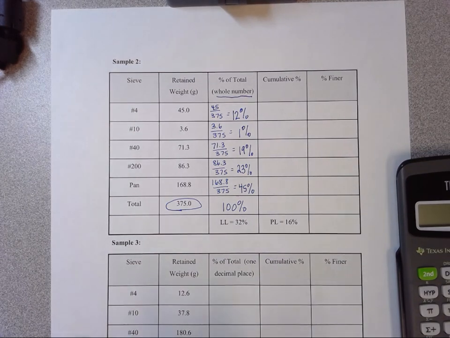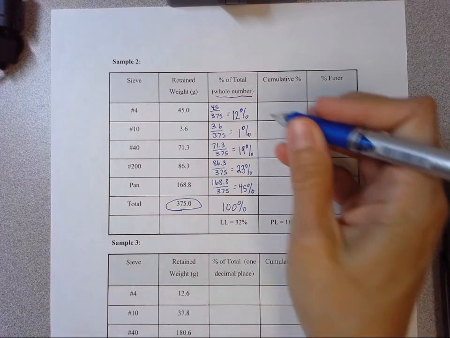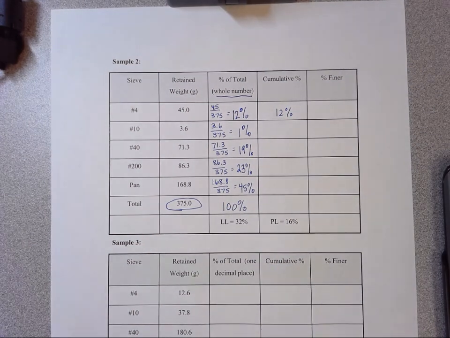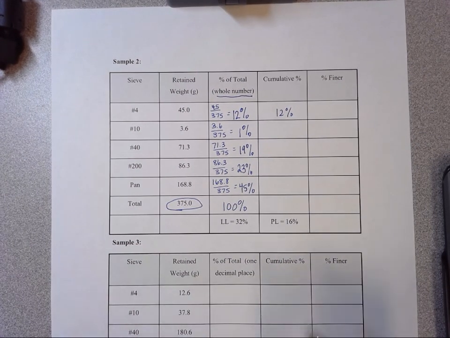Okay, now I'm ready to find my cumulative percent. Remember, when I start off, my first cumulative percent is just my percent total because it doesn't have anything to add to. But then I continue with that additive relationship.